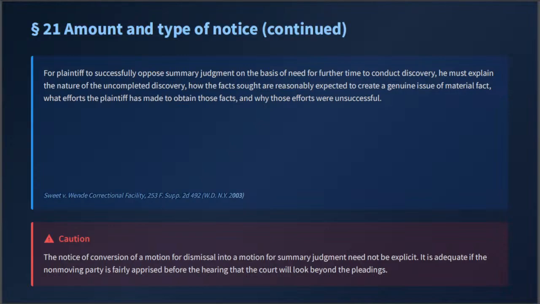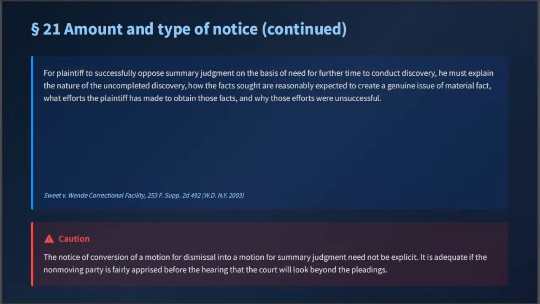This is in Sweet again versus the Wende Correctional Facility. For plaintiffs to successfully oppose summary judgment on the basis of need for further time to conduct discovery, he must explain the nature of the uncompleted discovery, how the facts sought are reasonably expected. Now we got this one already, and why those efforts were unsuccessful.